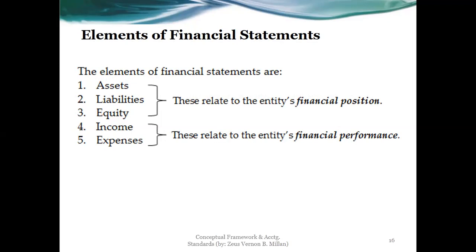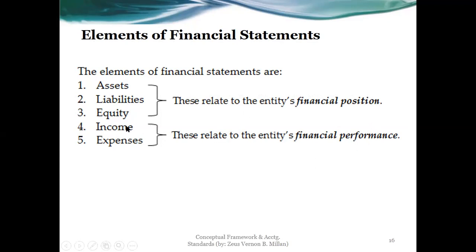Is it growing? Is it not? Or at what stage are we in? Then we would know the resources owned by the business, what the financial obligations are, and what's left after we deduct liabilities from assets. So these three would measure the financial position.